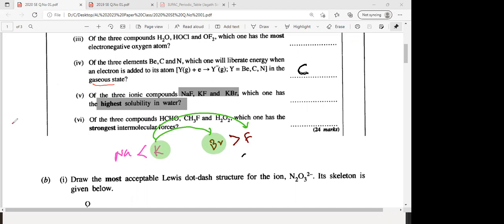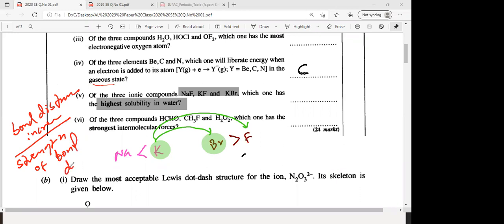When the bond distance increases, what happens is it is easy to break. Bond energy is less. When bond distance increases, please copy it if you want, strength of the bond decreases. Please write down, strength of bond decreases. When the strength of bond decreases, it's easy to break down and dissolve it, because for dissolving the ionic compound, the ionic bond or the ionic lattice should be broken down.